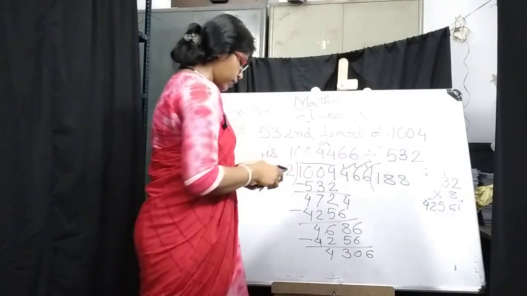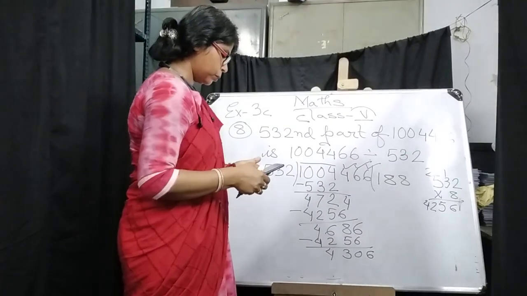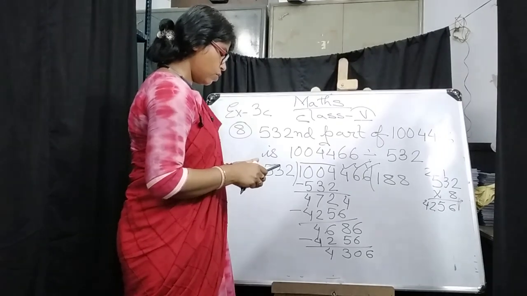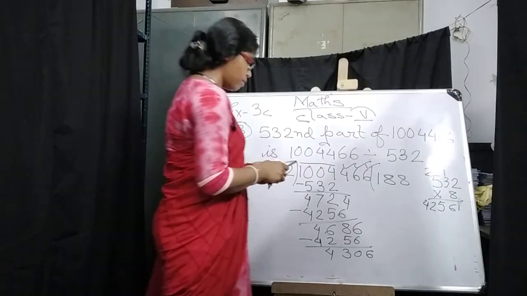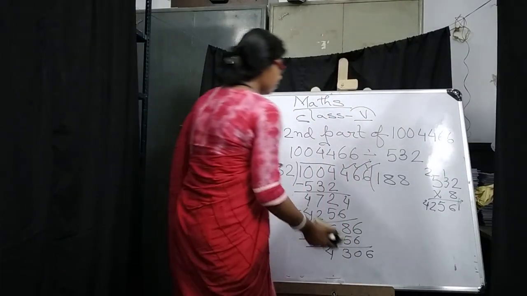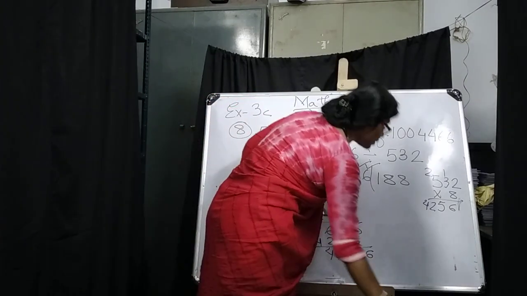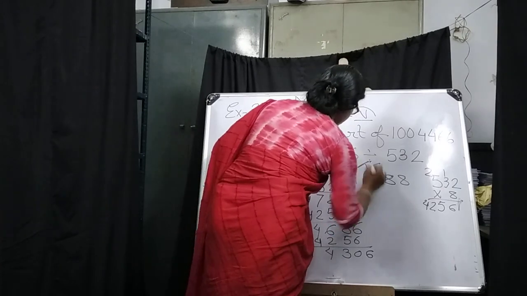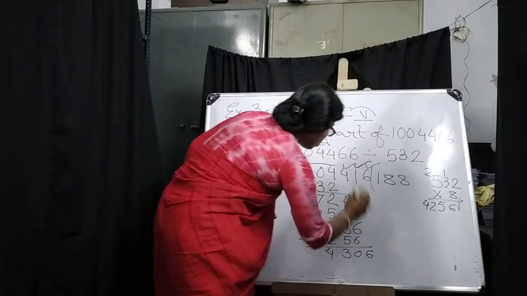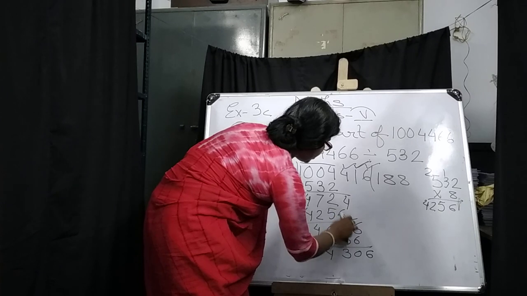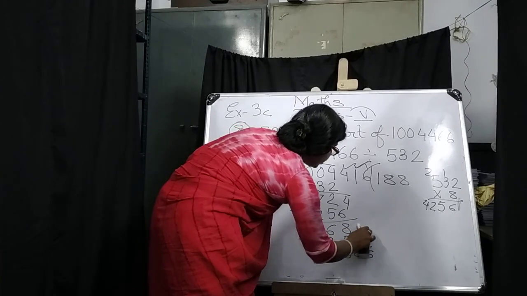Let me see once again. 1004416. My dear children, I have done a little bit wrong here. The number will be 16. Okay. So, very sorry. What will come down?